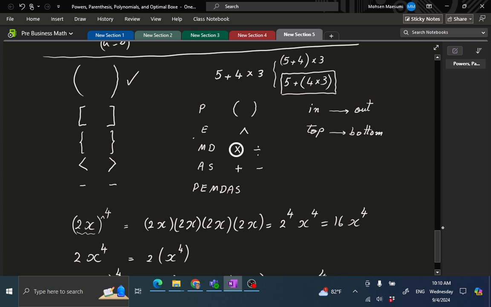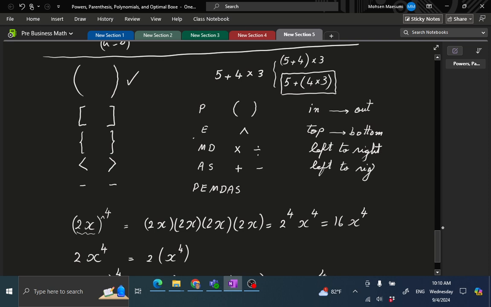If you have several multiplication and division without the parentheses, the way to carry it out is from left to right, as you are accustomed to. Also, if you have several addition and subtraction without any parentheses, again you carry that out from left to right.